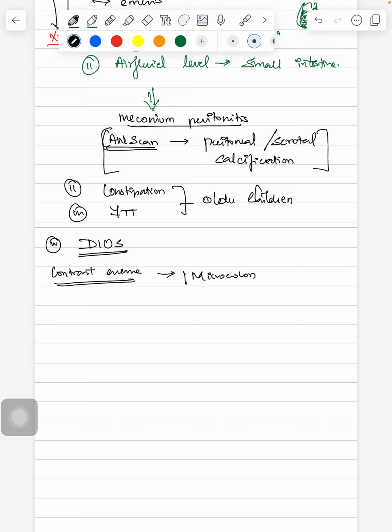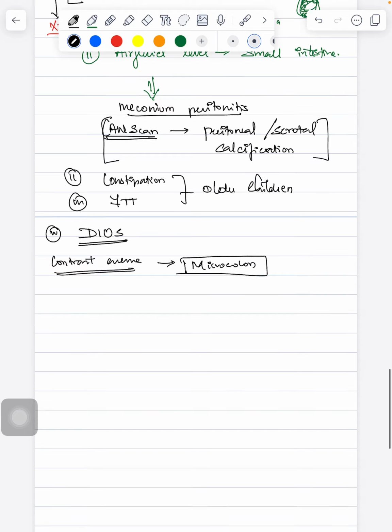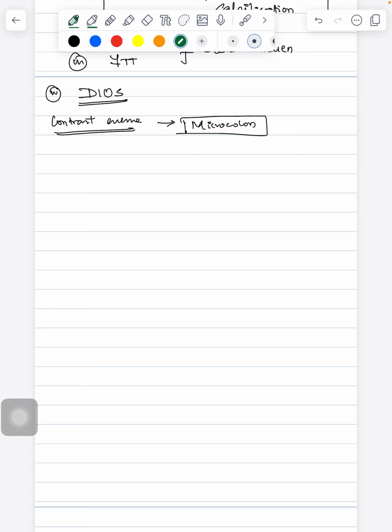Okay, so these are the features in your GI tract. Second, what are the features in your pancreas? In pancreas, first, your exocrine secretion is being affected. So pancreatic juice is not expelled into the duodenum, because the pancreatic secretion is mainly responsible for your fat and protein absorption.